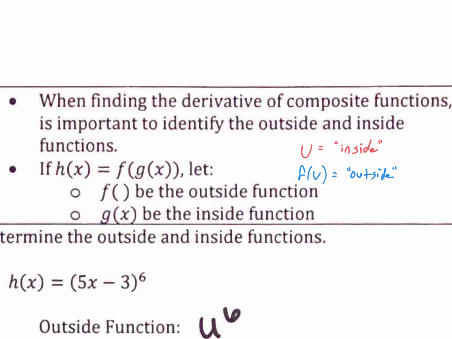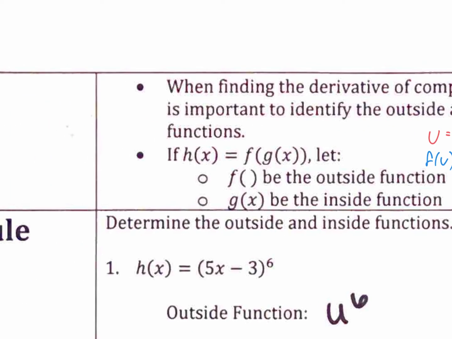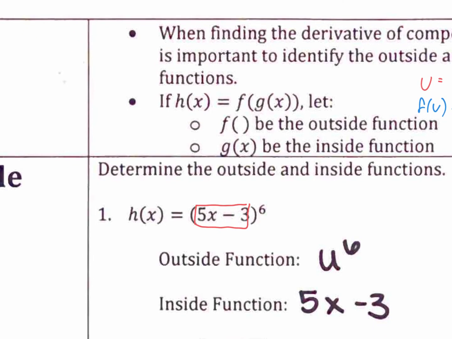So if I look at the first example here, I've got h of x equals 5x minus 3 quantity to the 6th power. As I'm looking at this, I'm looking for my inner function. So I focus on the x first, and I'm noticing, okay, the inside function is going to be this little 5x minus 3 chunk, which then means the outside function is, well, what's happening to that 5x minus 3?